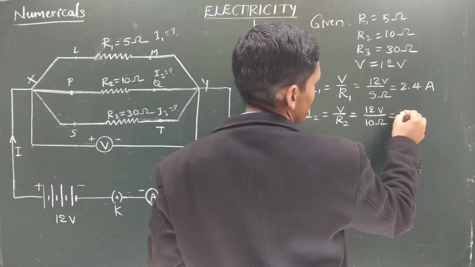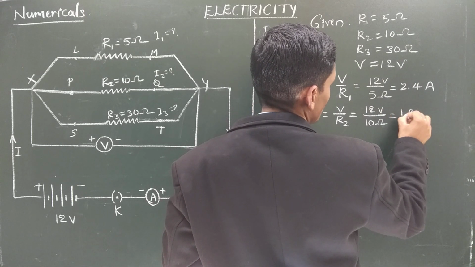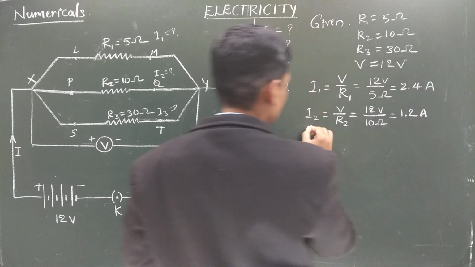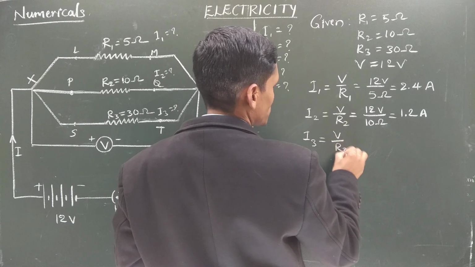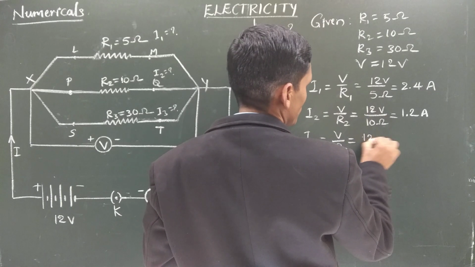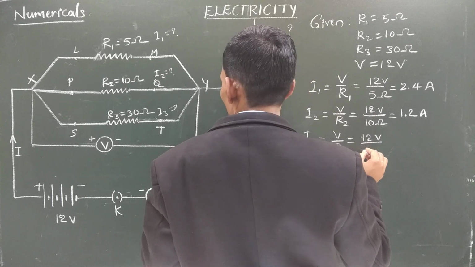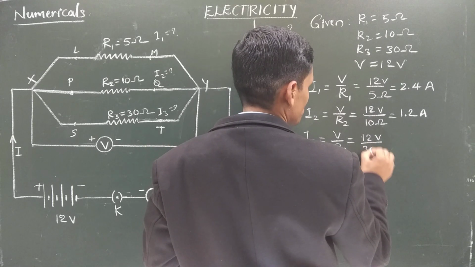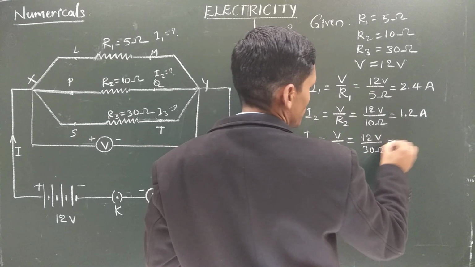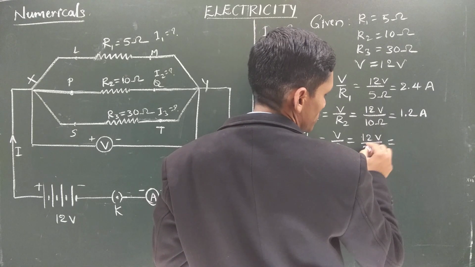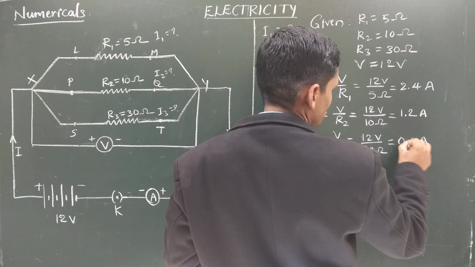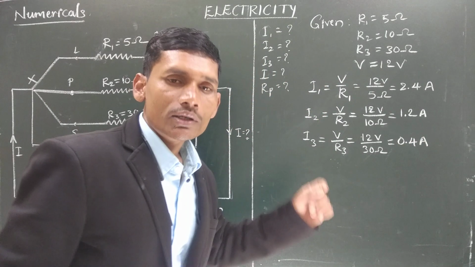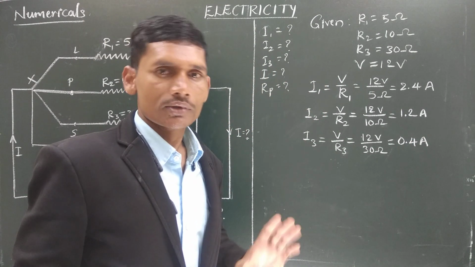After dividing this, 1.2 ampere we get. And I3 is V by R3: 12 volt divided by 30 ohm. After dividing this, 0.4 ampere you get. Now you see, we got I1, I2, I3, right?